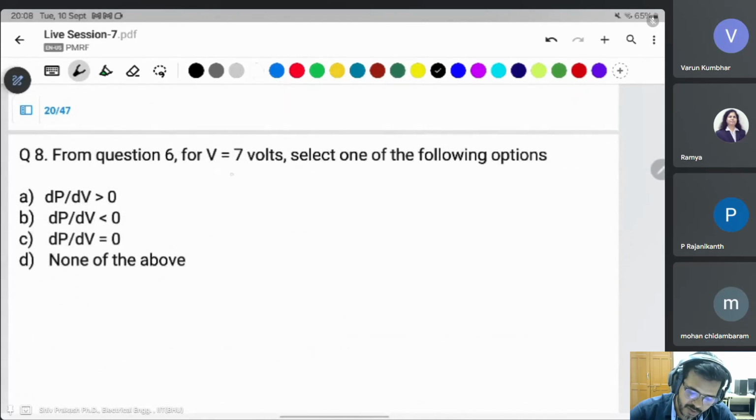If V is equal to 7 volt, then select one of the following options: dP by dV less than, greater than, or equal to 0. You calculated V is equal to 9 volt. So 7 volt will be to the left side of the maximum point.